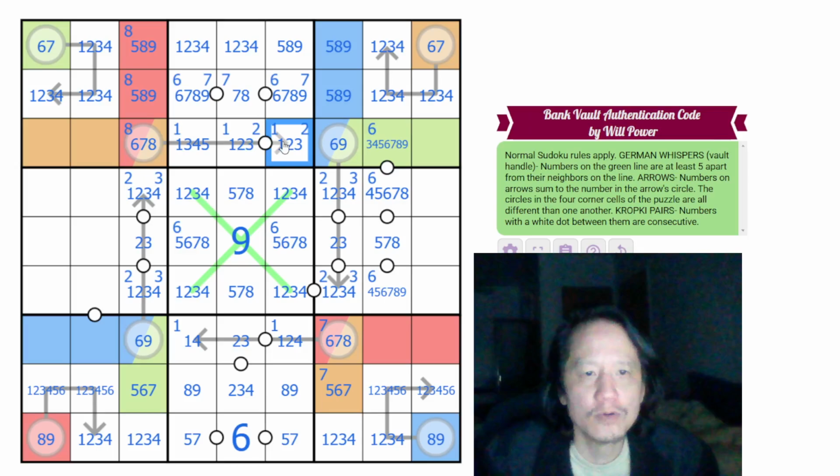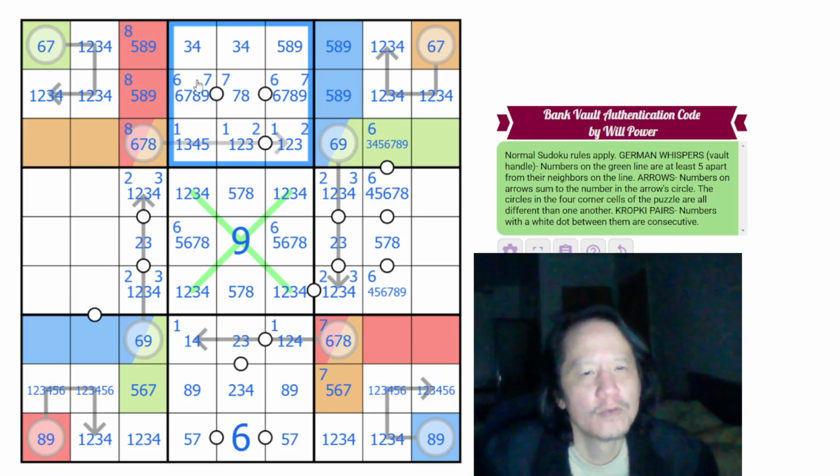Well, we know this has to contain a 1 and a 2 in these 3 cells. So these can never be 1 or 2, so this must be 3 and 4. Therefore, this cannot be 3 or 4 because we have a 3, 4, 3, 4 pair now in column. Wait, did I mess that up?